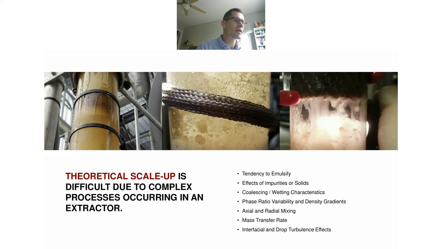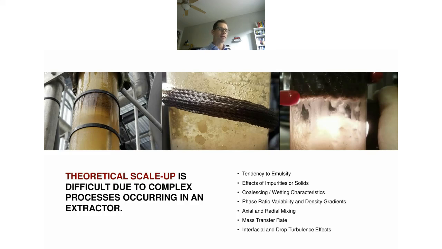And this is what you see when you run a pilot test. Some of the things that can be really problematic in an extraction column during pilot testing that you can't predict in advance: if the liquid-liquid system shows a strong tendency to emulsify, that would be a good time to use a car column; what the effect of impurities in the feed or solvent can have on the extraction process; and also what the impact of solids can have on the extraction process and operating that extraction process.